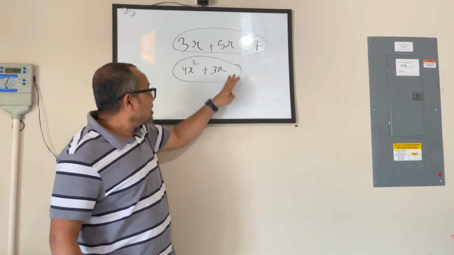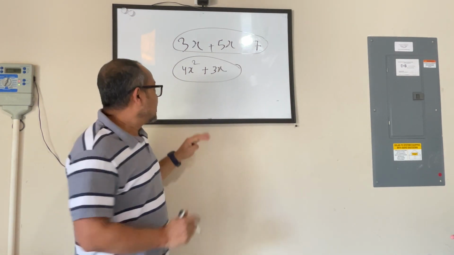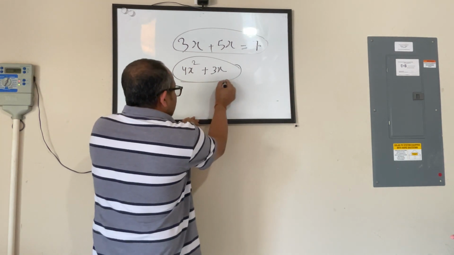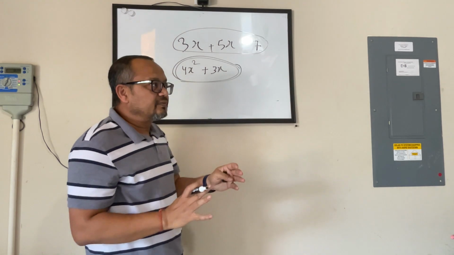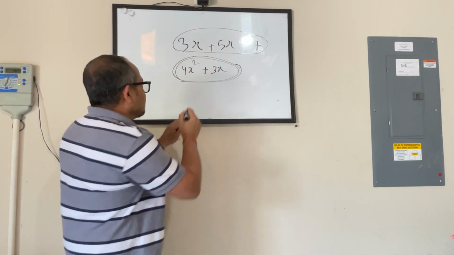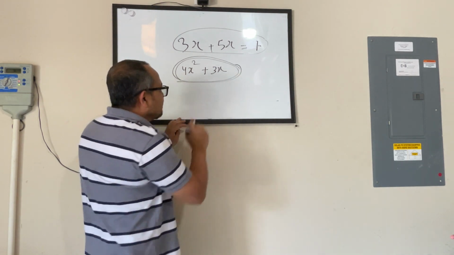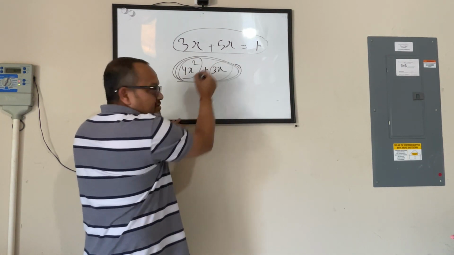Now, why am I talking about both of them? This is just a combination of a few terms. We call them terms in maths. So this is an expression where you don't have an equal to sign. This has one term. This is two terms.